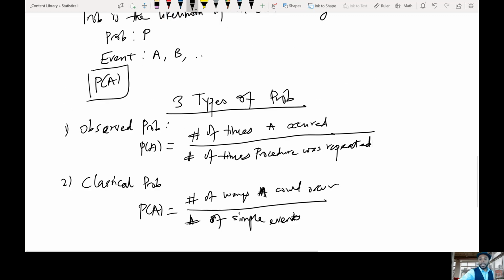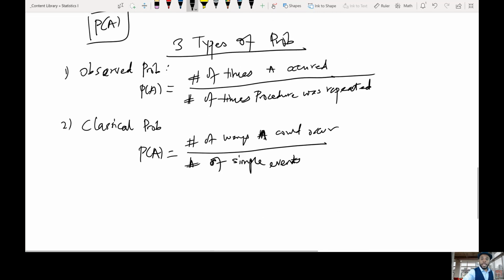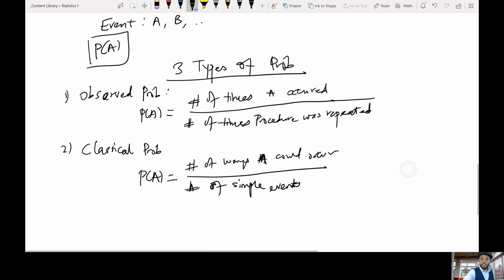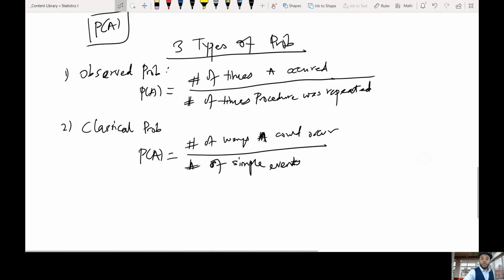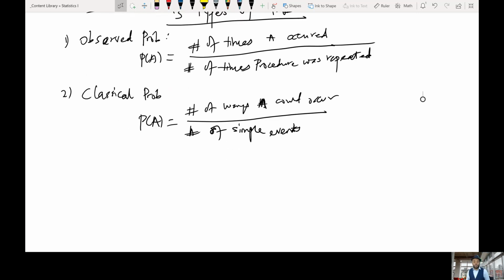That's what I did right here to compute this. So 3 is the number of ways A could occur, and 8 is the number of simple events, or the sample size. This is known as the classical probability, which basically computes what should happen.